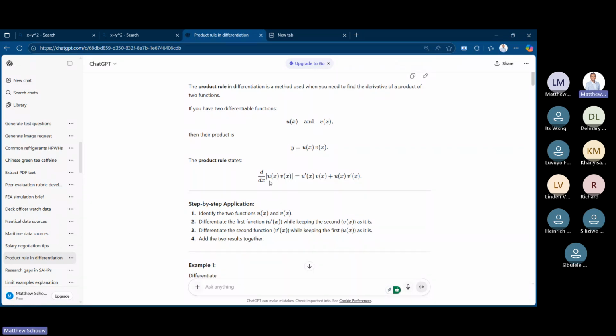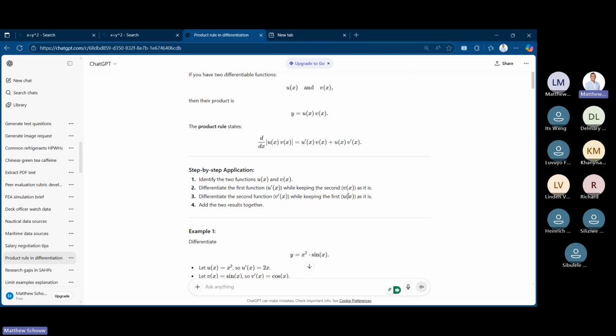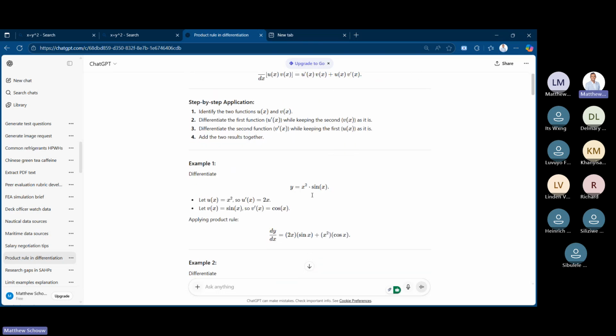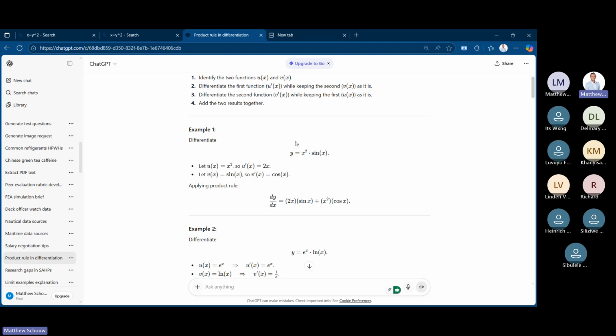You times them together, and then you follow the product rule. Keep the first one, the second one's derivative; keep the first one, the derivative of the second one. The order doesn't really matter. So that's the product rule, which I'm going to go over. Here's an illustration. Let's say y equals x squared sine x. You say u equals the first one, u of x, and the other one is v of x.